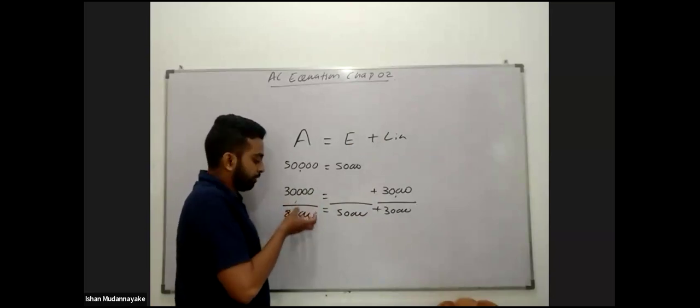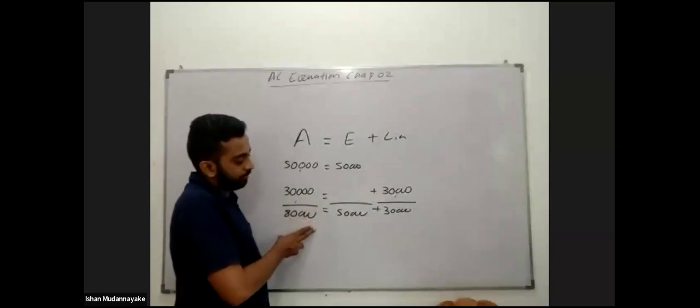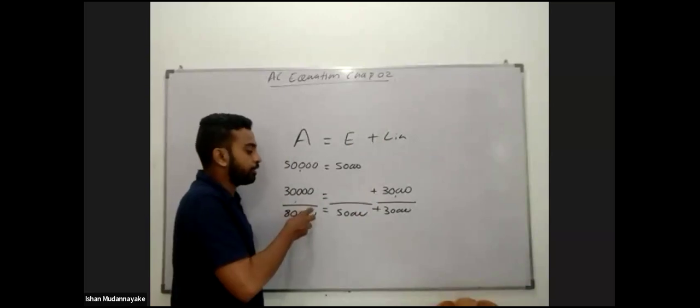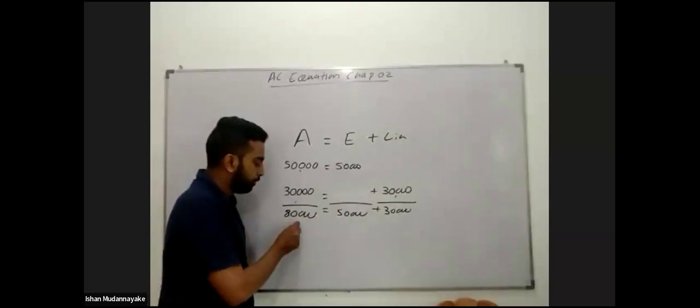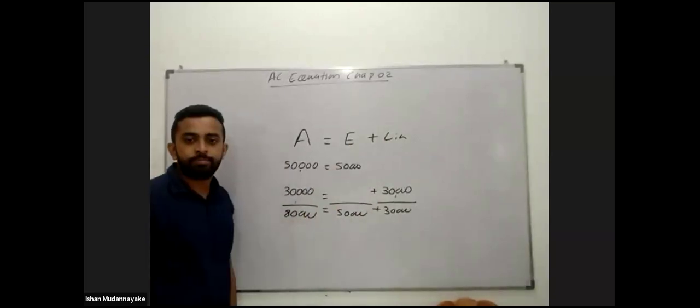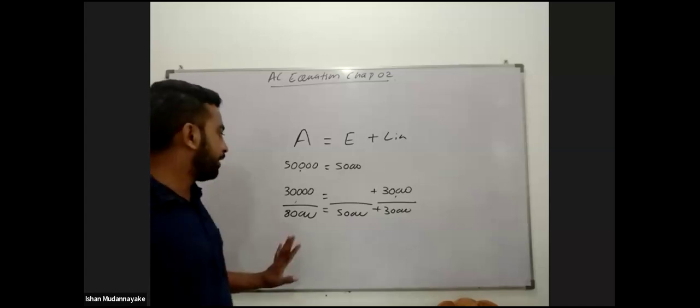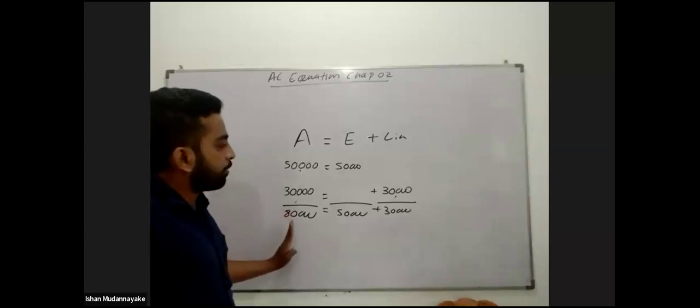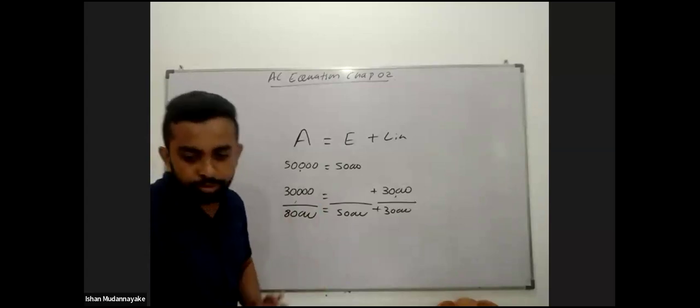The total assets and the owners of these assets we can identify through the accounting equation. The basic equation is what? Assets of the business equal to equity and liability.